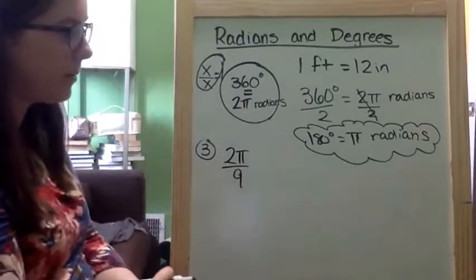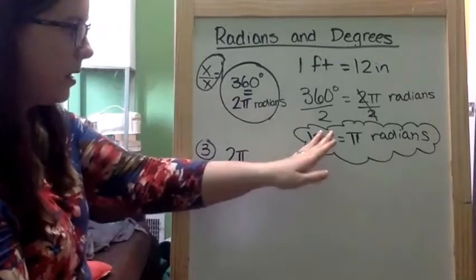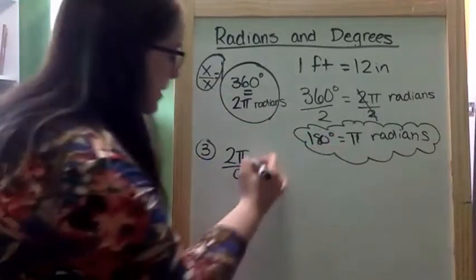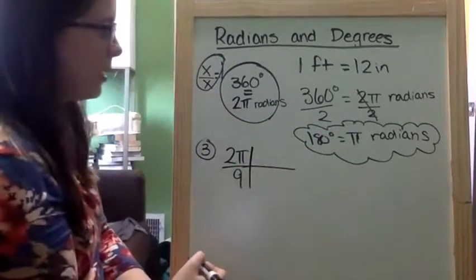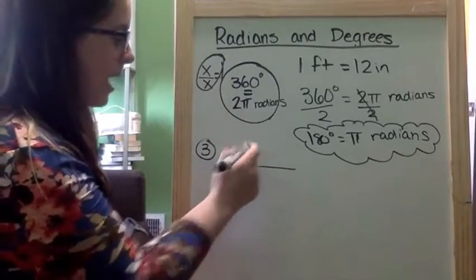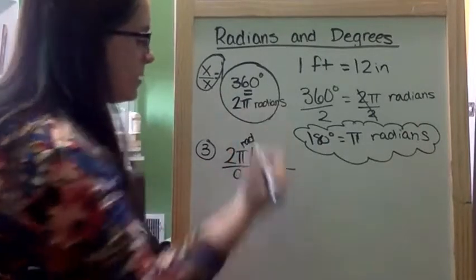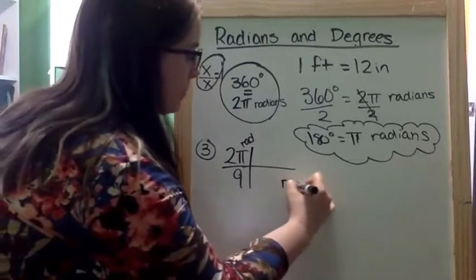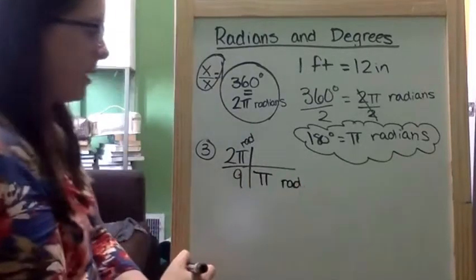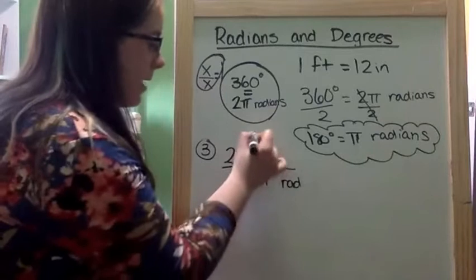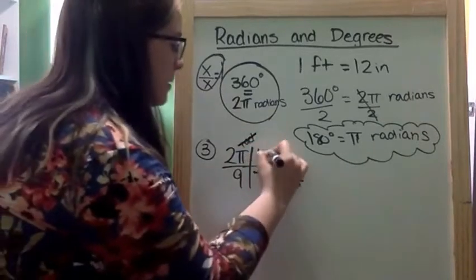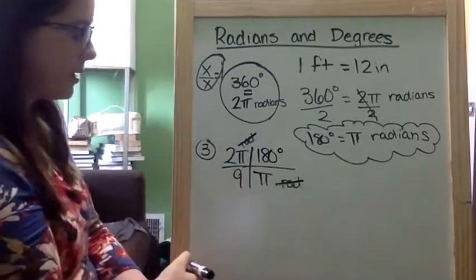And again, I'm going to use my same idea with dimensional analysis, where I've got my radians on top, right? So I need my radians on the bottom, and that's where I'm going to have my pi. That allows my radians to cancel, and I'd have my 180 degrees on top.